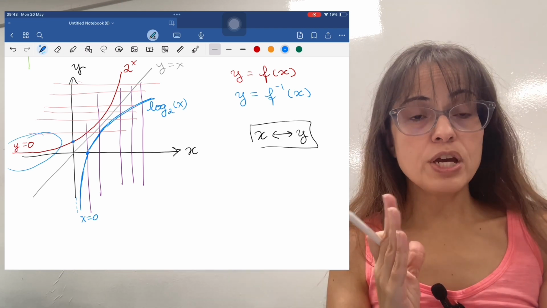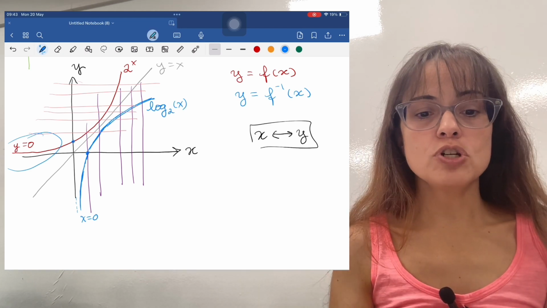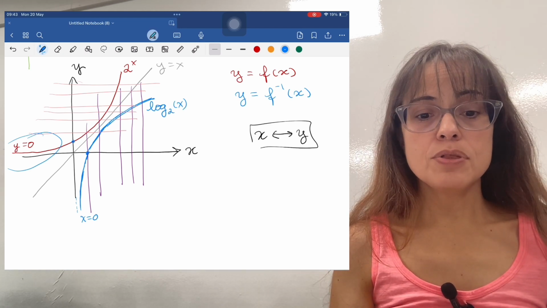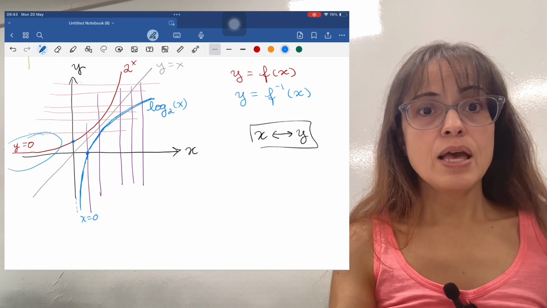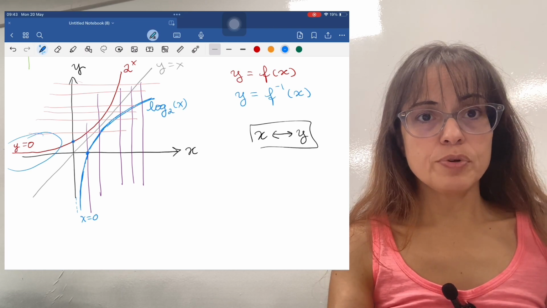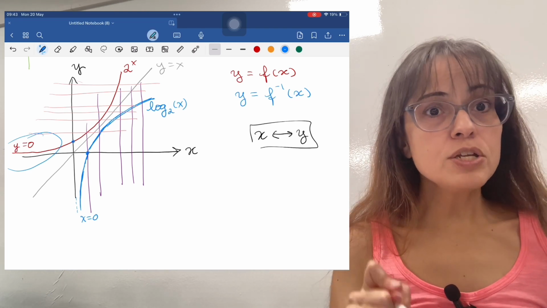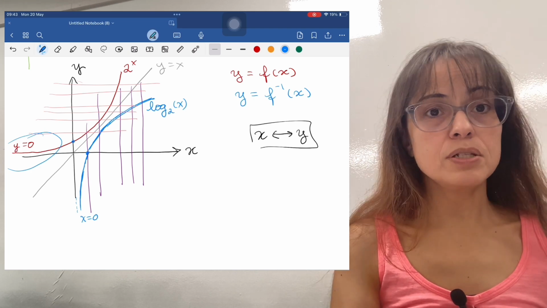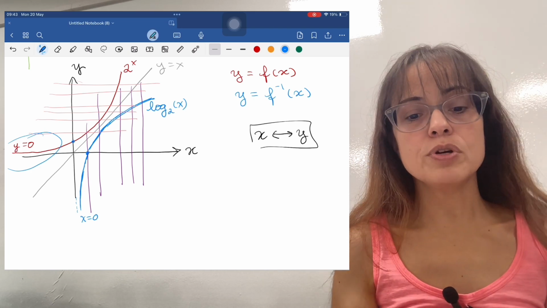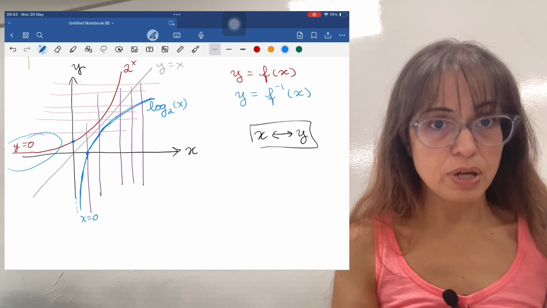So domain and range also have to be switched when you're doing inverse functions, which is why the domain of an exponential function is all real numbers and the range of the logarithmic function is all real numbers, but the range of the exponential function is only the positive numbers, which means that the domain of the logarithmic function is just the positive numbers. That's where that comes from as well.